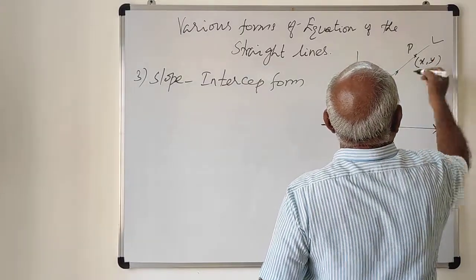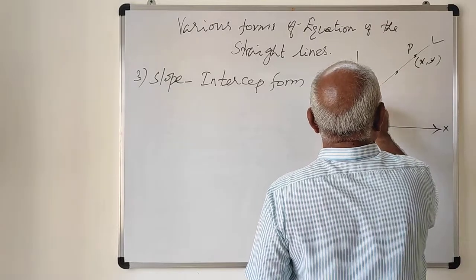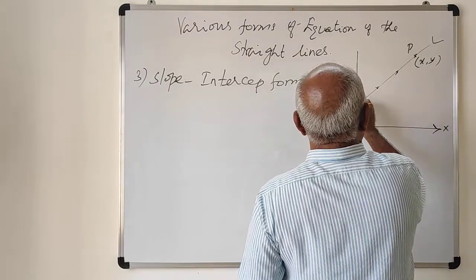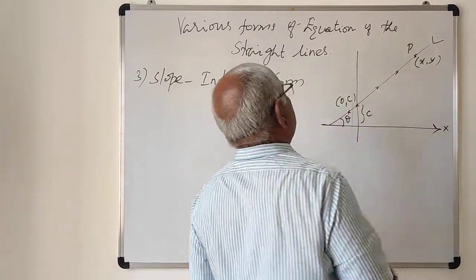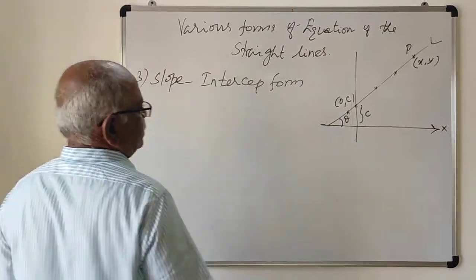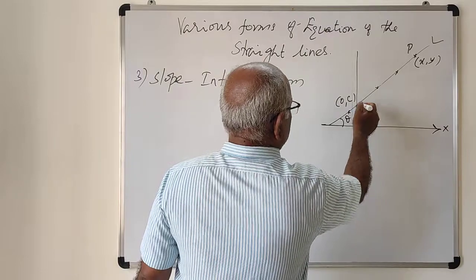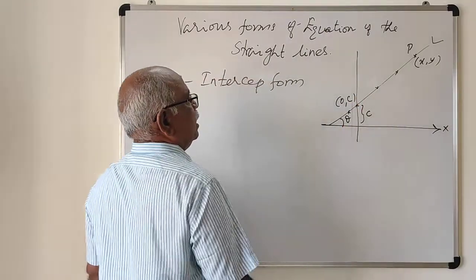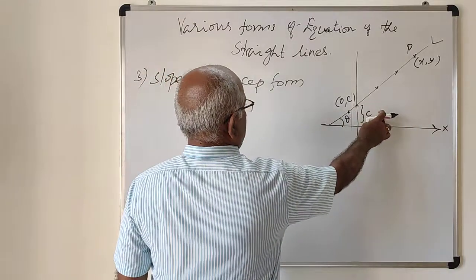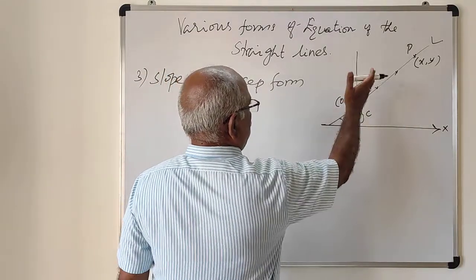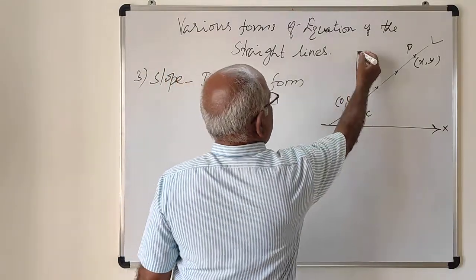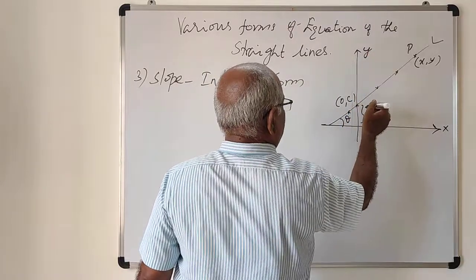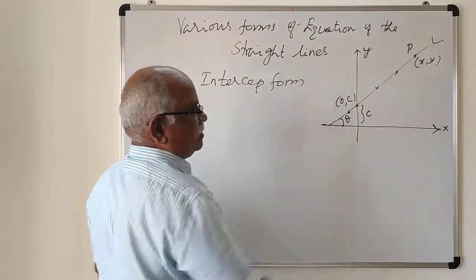P(x, y) is any point on the line, and this distance is c, that is, the point is (0, c). The line makes y-intercept c. That means the line cuts the y-axis at (0, c). The line passes through (0, c), or otherwise the line may intercept c along the y-axis.